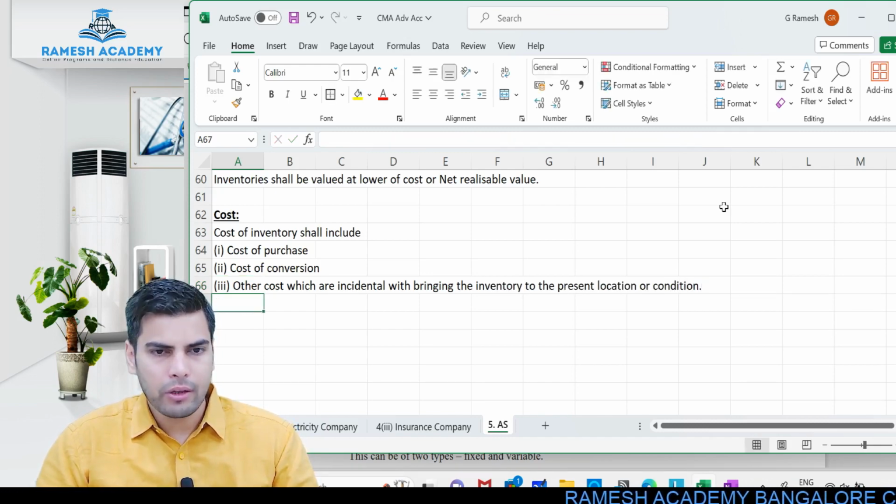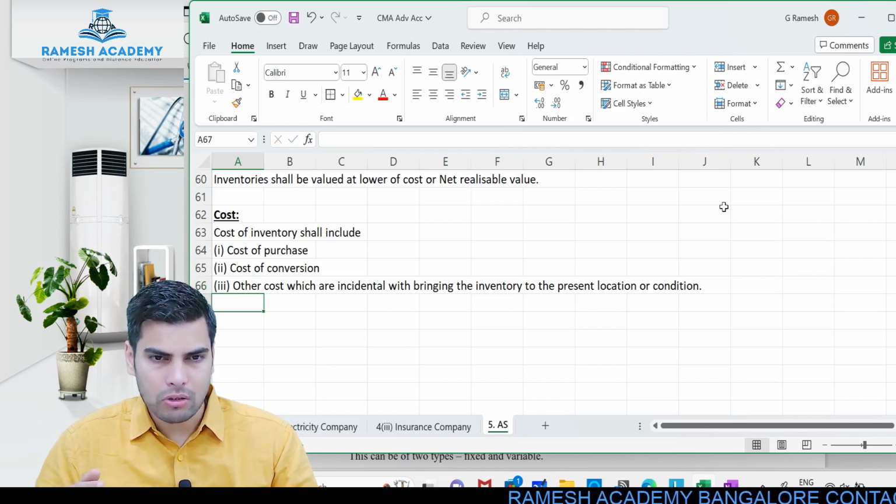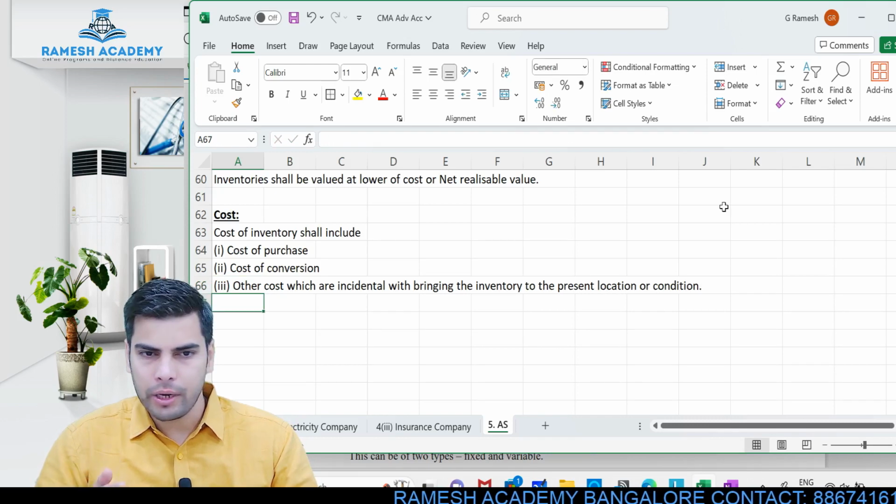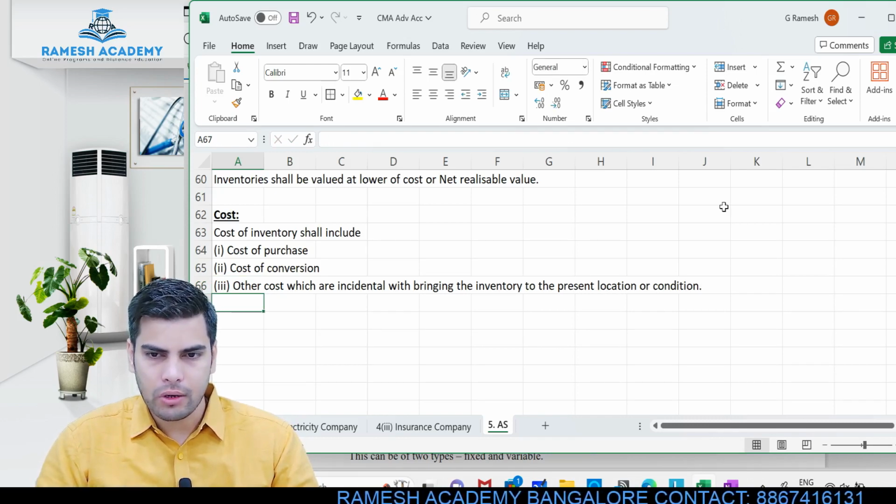So it will include not only the cost of purchase but also the cost of conversion and other incidental expenses which were necessary in order to bring the inventory to the present location or condition.